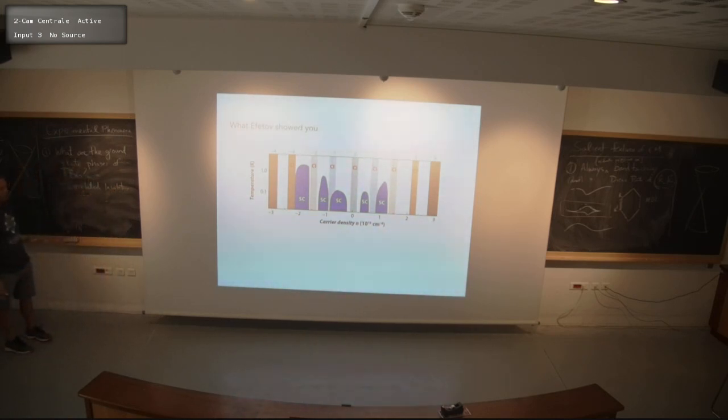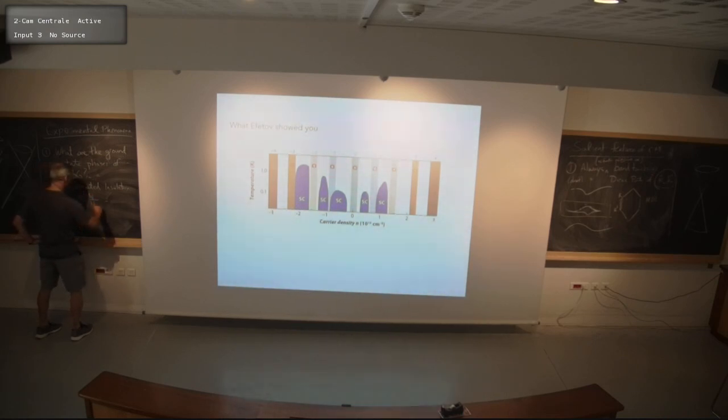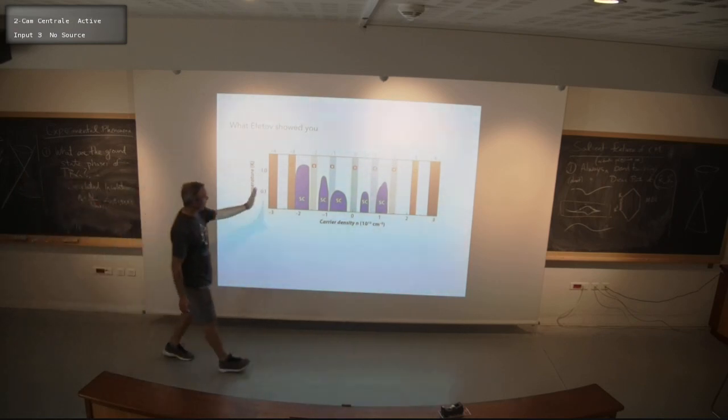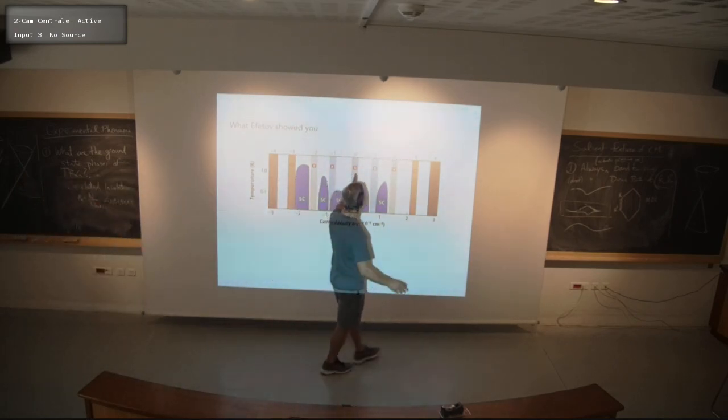And these seem to always occur at integer fillings, meaning the density of electrons, the number of electrons divided by the number of Moire unit cells, is 0, plus minus 1, plus minus 2, plus minus 3. Okay. So those are these vertical colored bands here.